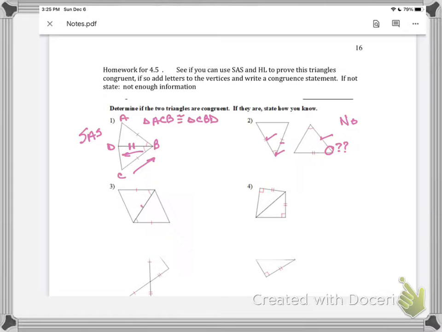Do you see how this is the included, or this is a reflexive piece, that it's the same in both triangles? So therefore, I can say that they are congruent by side, angle, side. So let's go A, B, C, D. So if I go down 1 and then down the common, that's A, C, D is congruent to triangle.